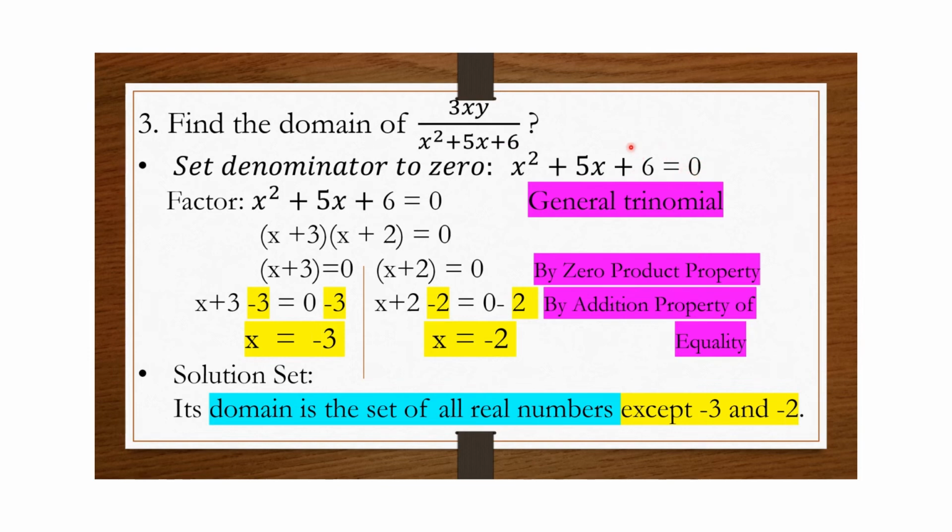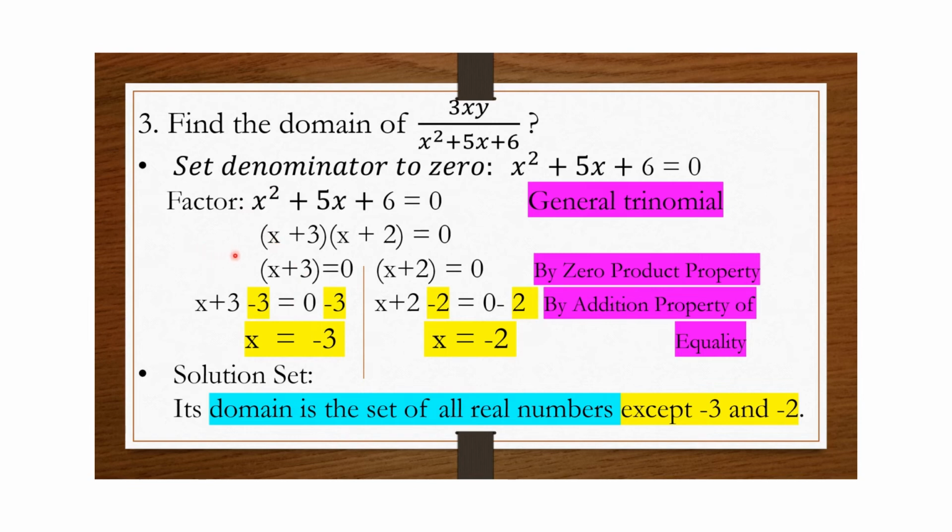Para masolve natin ito, we will apply factoring. Makikita nyo dito na, example ito ng general trinomial. So we will apply the method of factoring general trinomial. Since the value of a here, the coefficient of the squared term, is 1, we will apply our method.